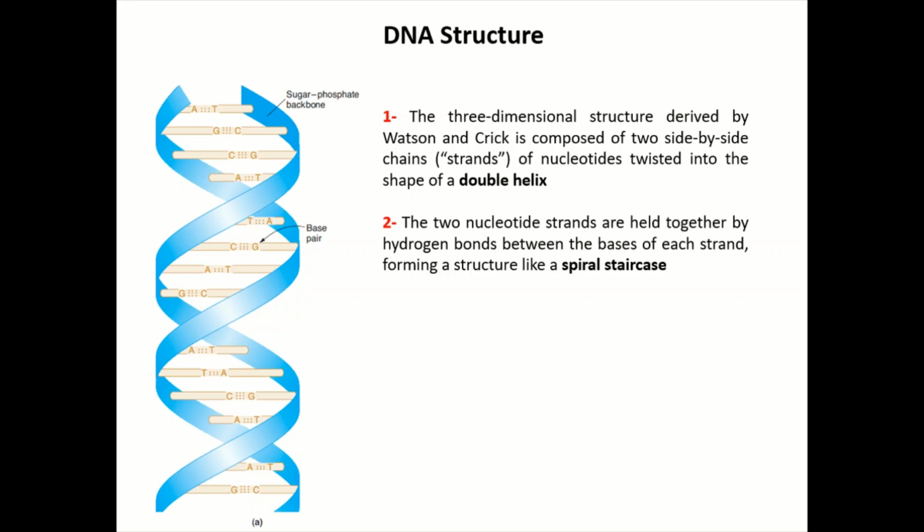The two nucleotide strands are held together by hydrogen bonds between the bases of each strand, forming a structure like a spiral staircase. That looks like a spiral staircase, the steps of which are made up of these nitrogenous bases, and the backbone of this is made up of sugar and phosphate groups.